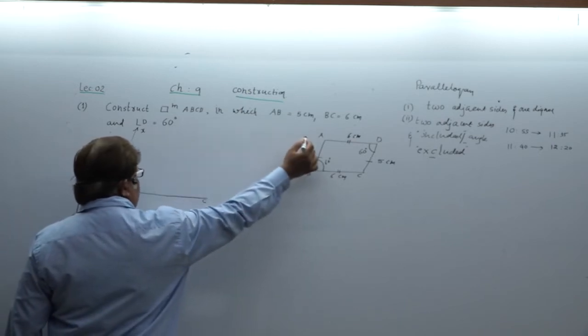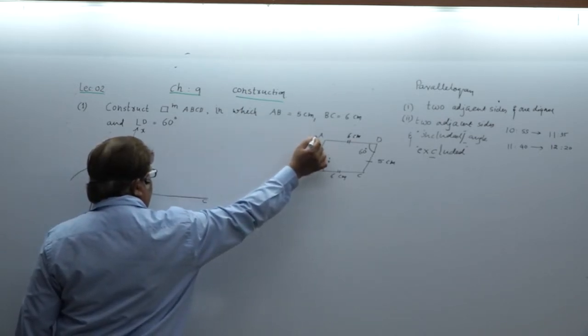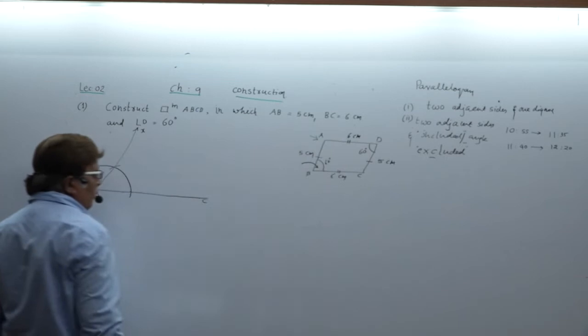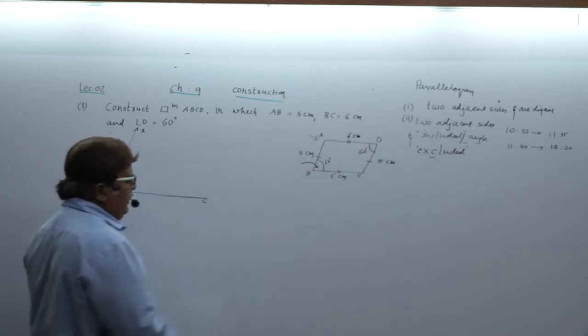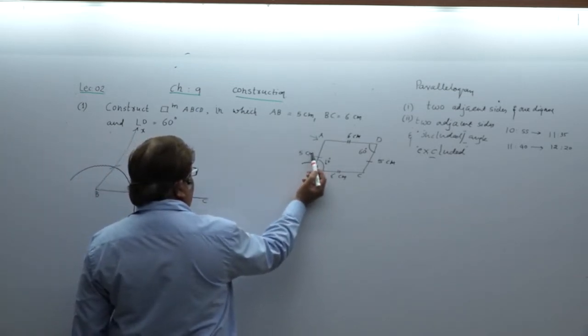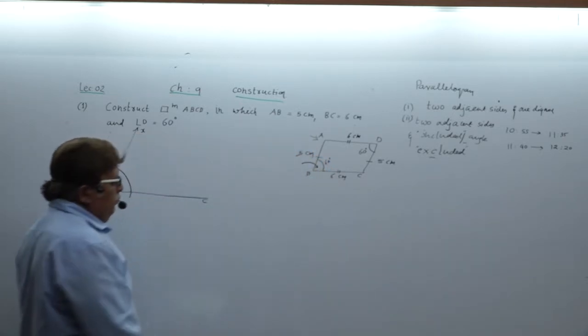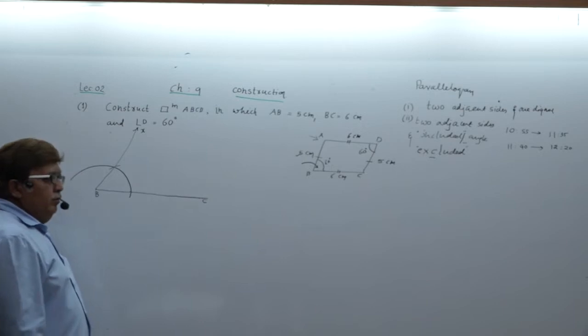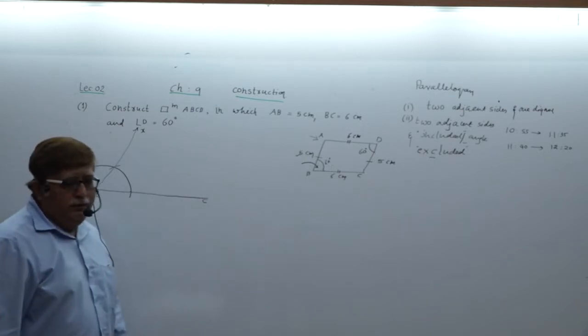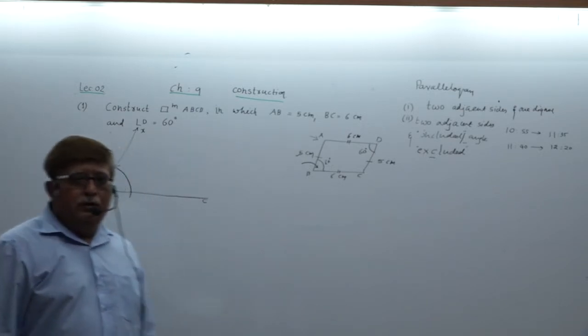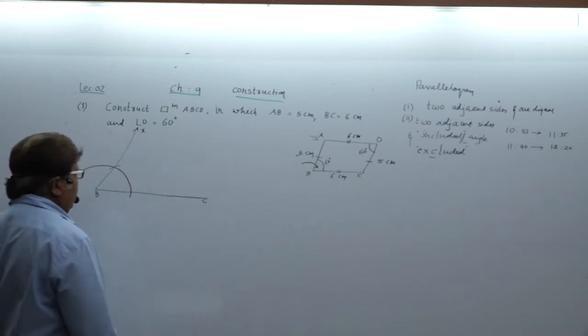Now our target is to get point A on ray BX, and for that purpose I have to take a radius of 5 centimeters. So please do it. First you take a radius of 5 centimeter.